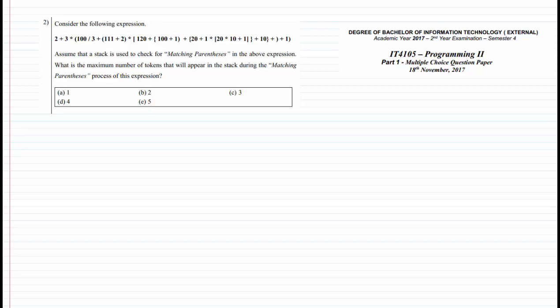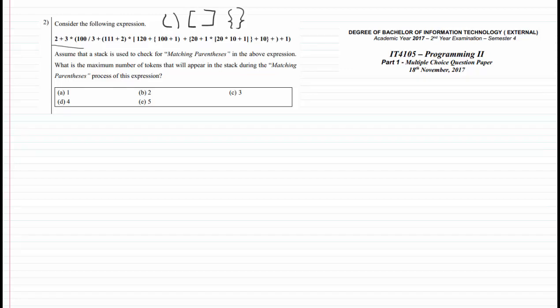It's an abstract data type, and one of the uses of a stack is to check whether a given expression, just like this one, is balanced in terms of parentheses. When we talk about parentheses, there are three types: the parenthesis, the square brackets, and the curly brackets.